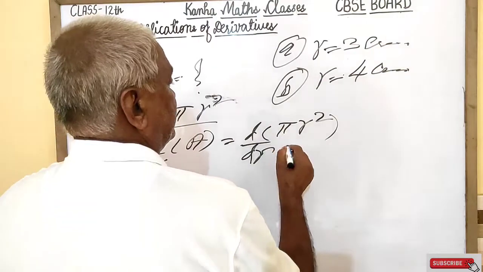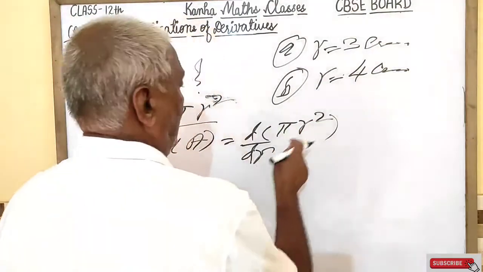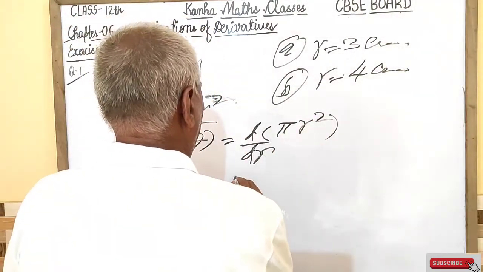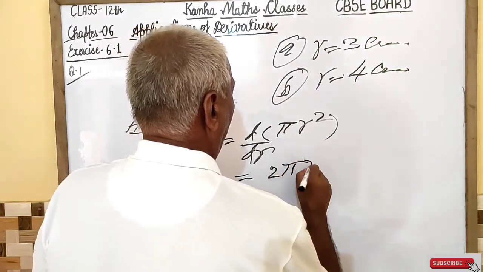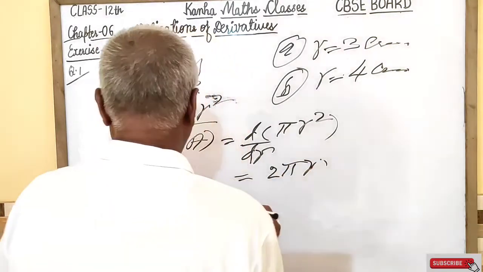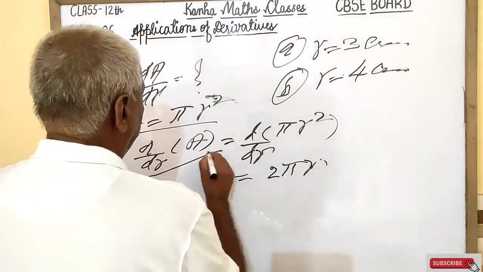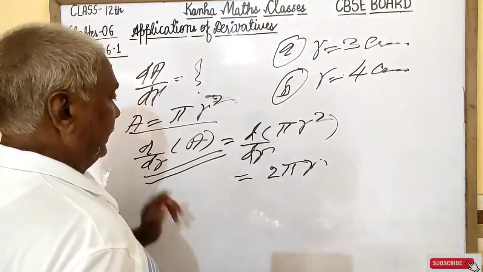Pi is a constant, and r square with respect to r will be 2r. Hence this will be equal to 2 pi r. 2 pi r will be equal to d by dr of A.